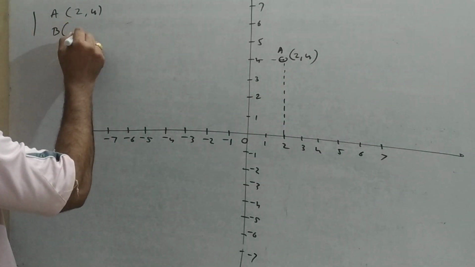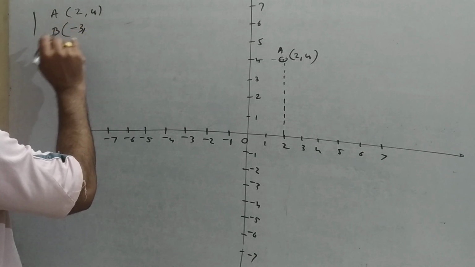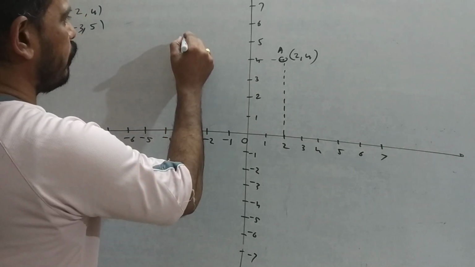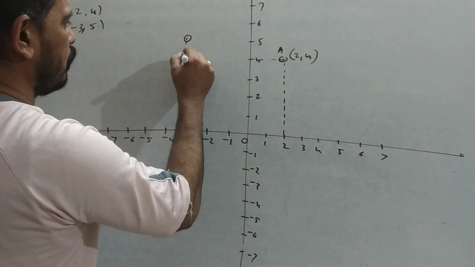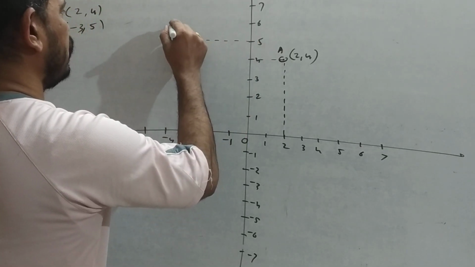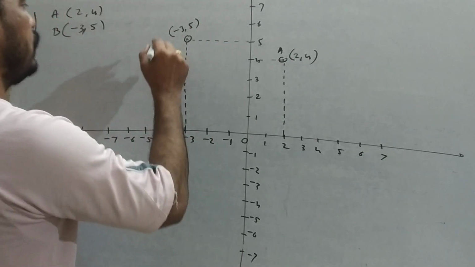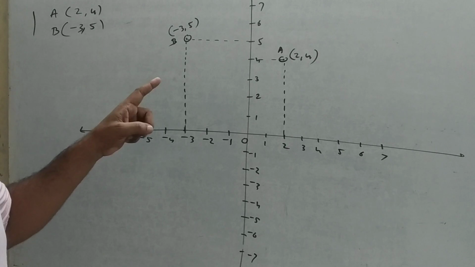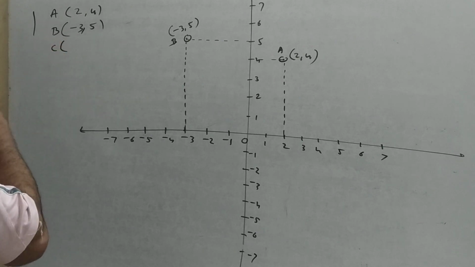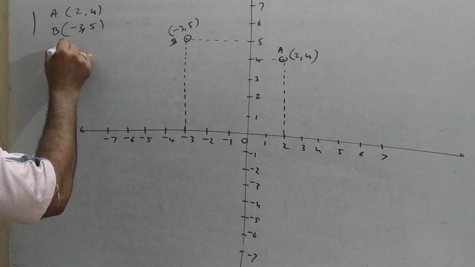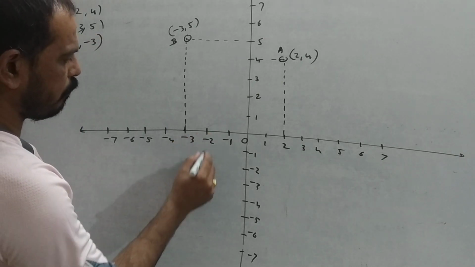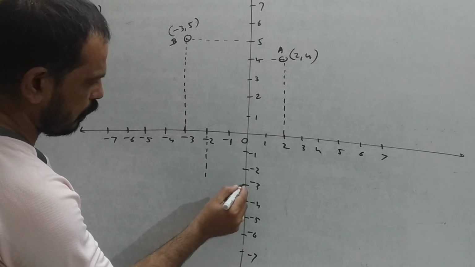Suppose there is a point B. This is (-3, 5). This is called point B. Abscissa is -3 and ordinate is 5. One more point, C, if I am taking, is (-2, -3).